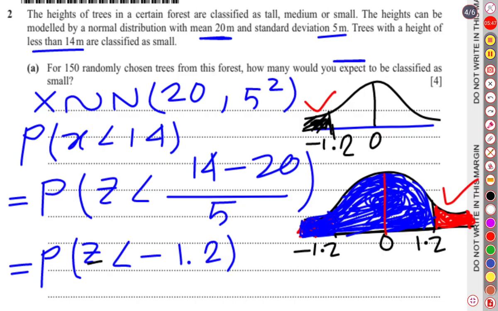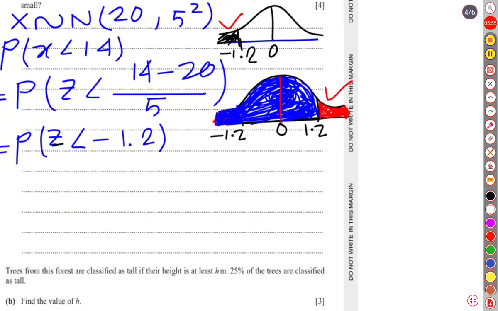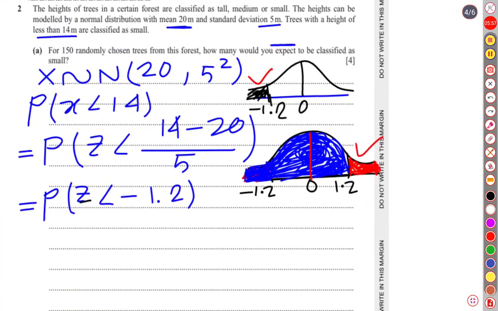So for this, we are going to write the probability of z less than negative 1.2 as 1 minus. The total probability is always 1. From 1, if we subtract the left part, for the left part we will write z less than 1.2 instead of negative 1.2.